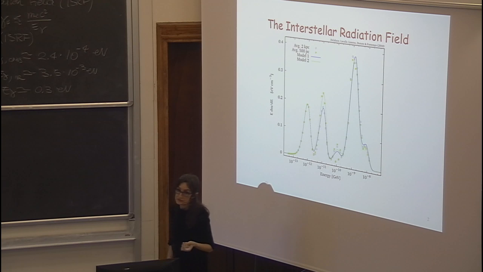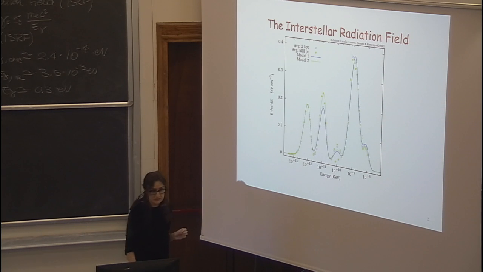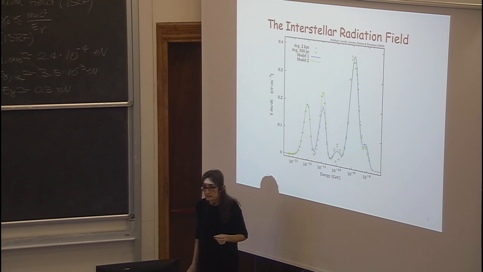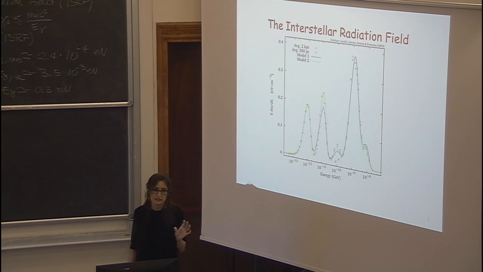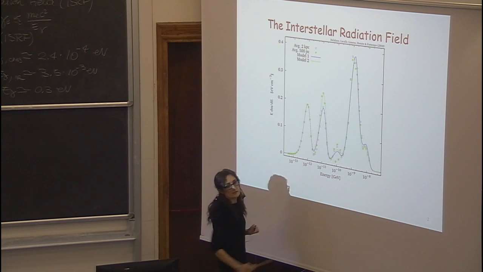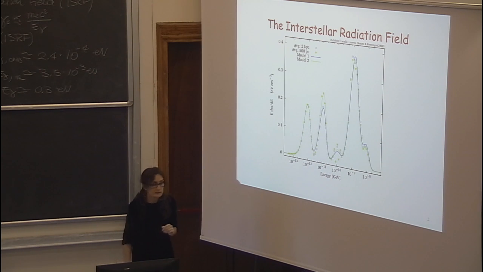So we just fitted these data points with a black body distribution. The CMB is a black body, again, that is safe. For the other populations, it seems that it is safe as well.